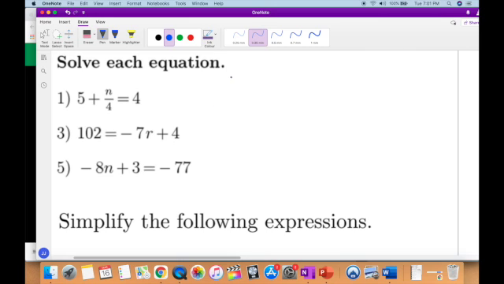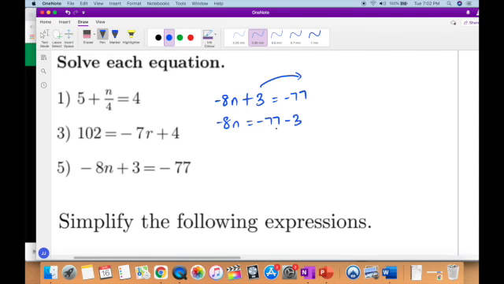Alright, cool, right? Negative 8n plus 3 is equal to negative 77. So I'll throw the 3 across. Negative 8n is equal to negative 77 minus 3. Remember when the signs are the same, right? Anybody remember those rules?